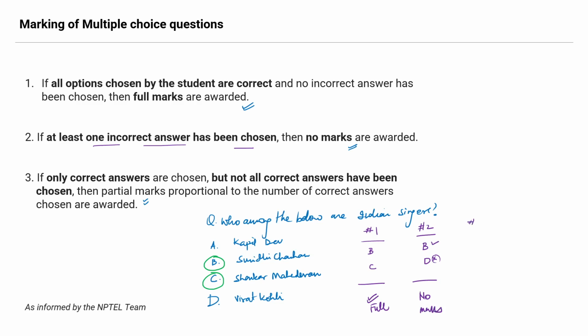Then you've got scenario 3, which says, if only correct answers are chosen, if not all correct answers are chosen, then partial marks proportional to the number of correct. So in this scenario, you chose C and then you submit it. All right. In this scenario, you will be getting partial marks. Why? Because you have not chosen any incorrect, you have chosen the correct one.